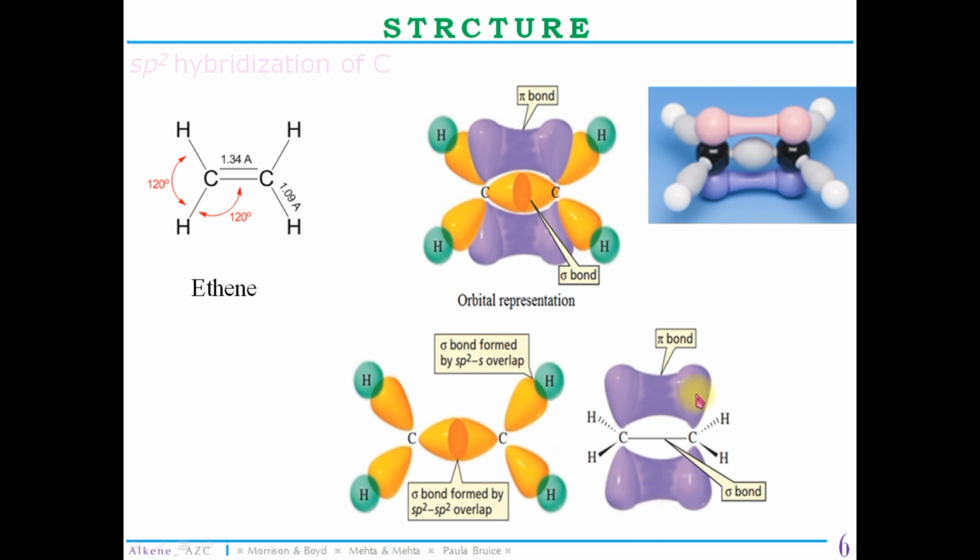P orbital overlapping gives the pi bond. Here is the ball and stick model for ethene. We can see the sigma bonds, meaning sp2 hybridized orbitals lie in the same plane, and here is the p orbital which is perpendicular to the hybridized orbital plane.